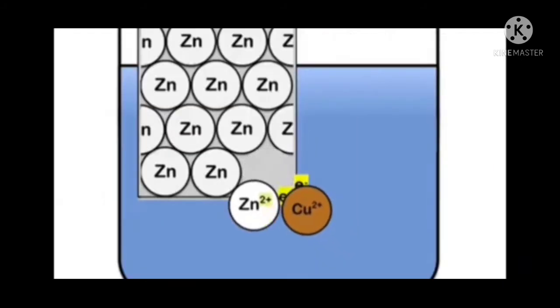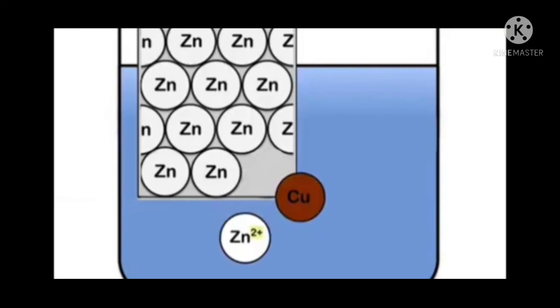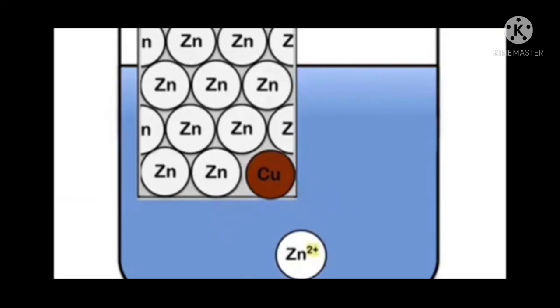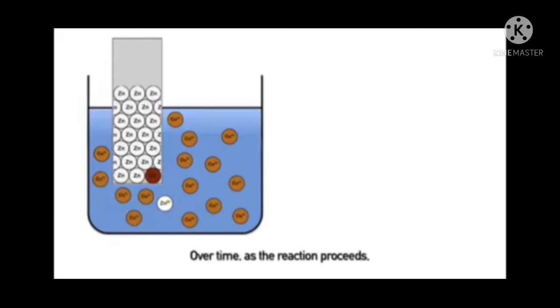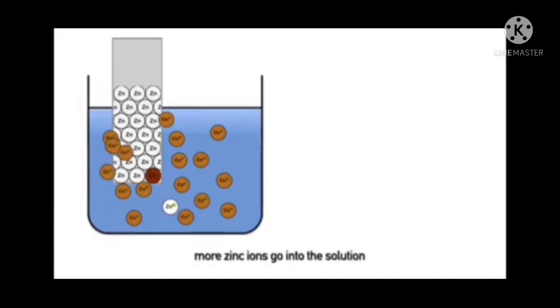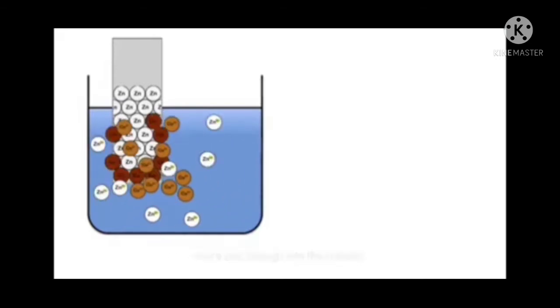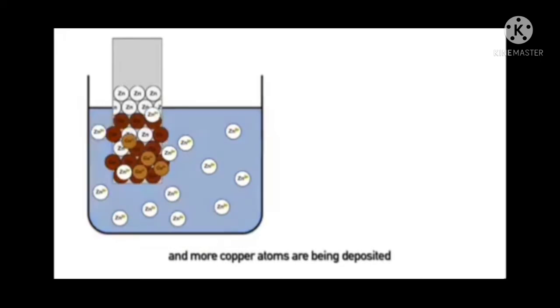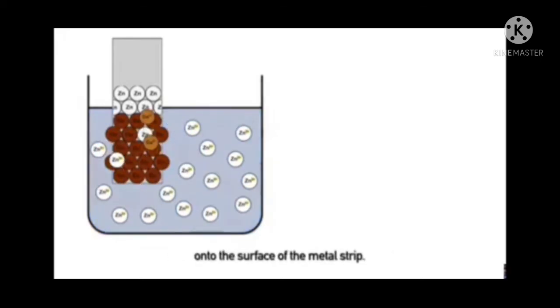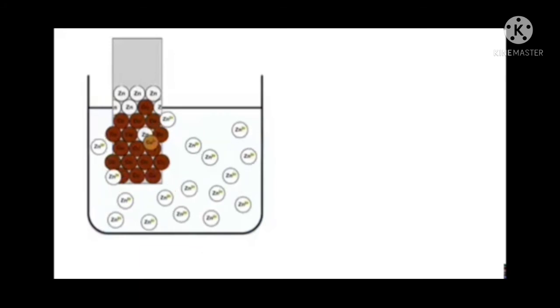Here, zinc replaces copper ions from the solution and copper is deposited on the strip. Over time, as the reaction proceeds, more zinc ions go into the solution and more copper atoms are deposited on the surface of the metal strip.